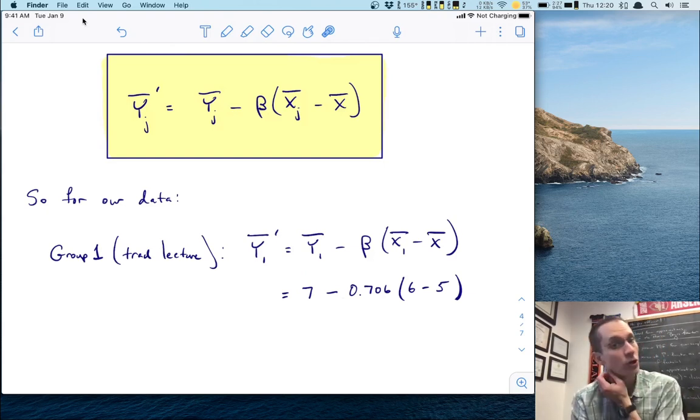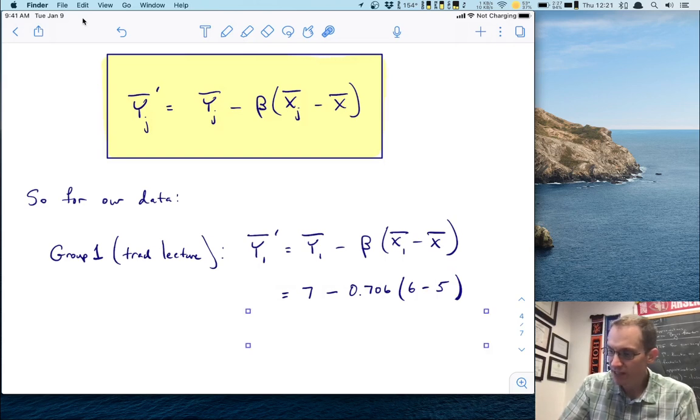Now, just take that for granted right now. In a few minutes, I'll show you how to get it in JASP. And then the mean of the covariate score, so the mean aptitude score for group 1 was 6. And the overall mean, which we didn't look at before, is just the mean of 6 and 4, which is 5. So we were able to find that. Once we do this arithmetic, this gives us an adjusted group mean for the traditional lecture group of 6.29.